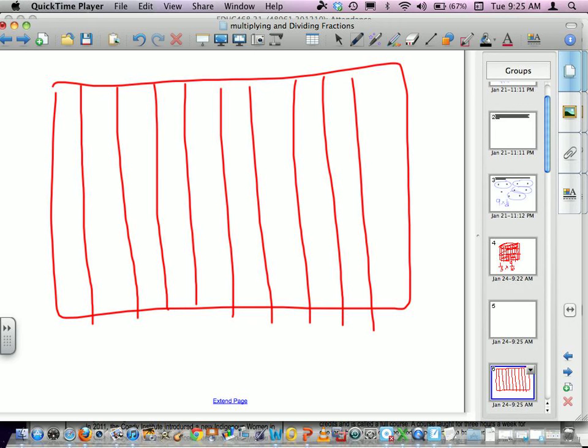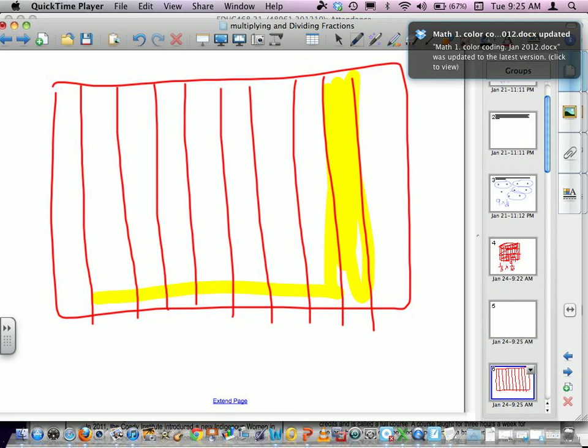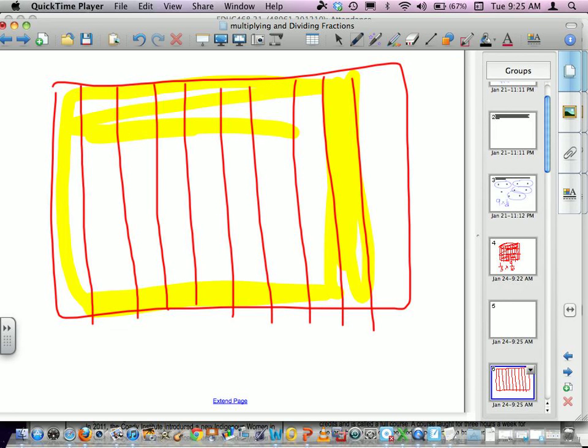I'm going to grab a highlighter. We're going to shade 9/10 of it. Good with that? Okay, so I'm going to take 1/3 of the 9/10.